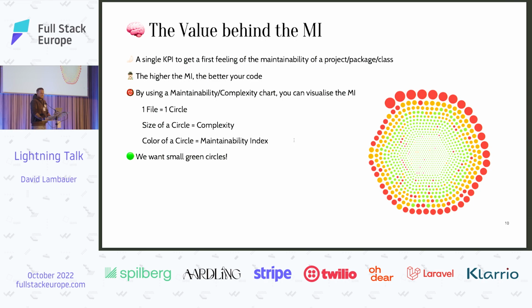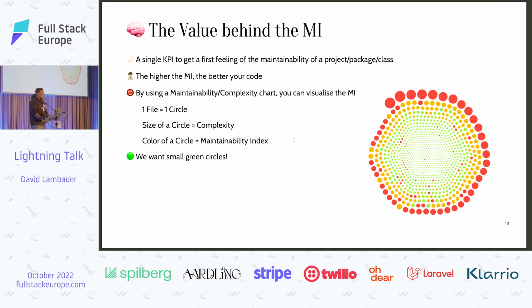There are tons of tools out there to generate this kind of bubble chart for various languages. What this bubble chart does is represent one circle for every file that you have, and it shows you the complexity of each file by its size. The bigger the circle is, the more complex the file.